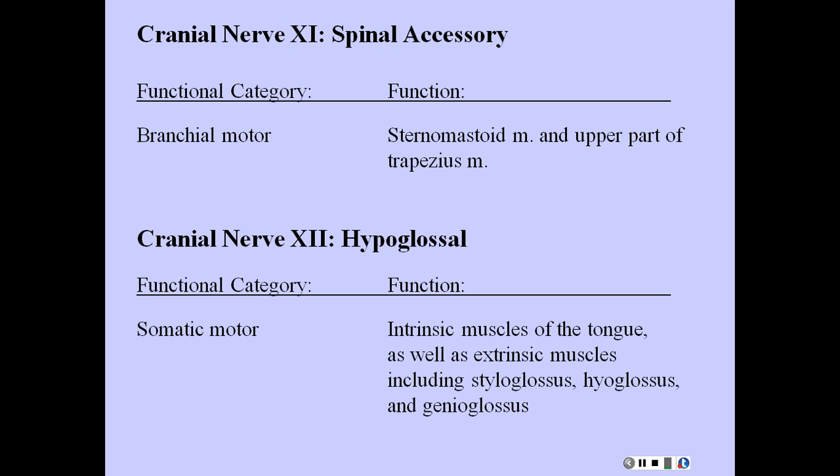Dr. Cooper's probably told you, put 2 hands on their shoulder and ask them to shrug their shoulders to see if there's good symmetry or if there's notable asymmetry in their ability to shrug their shoulders. Kind of important. But 12 is clearly very important. All motor innervating the intrinsic muscles of the tongue.